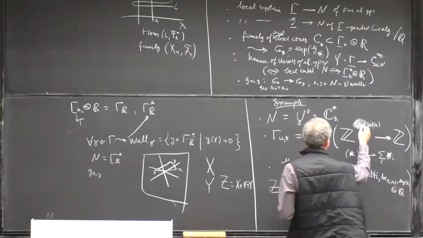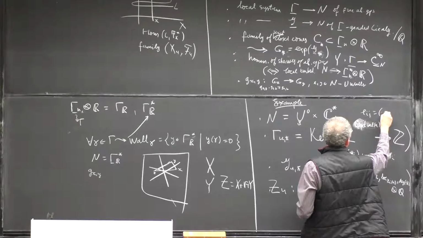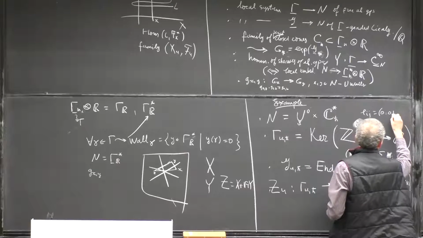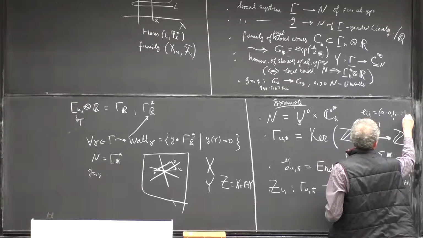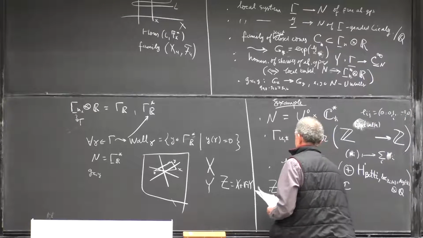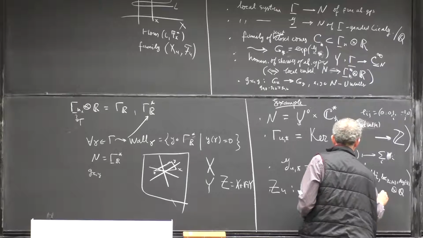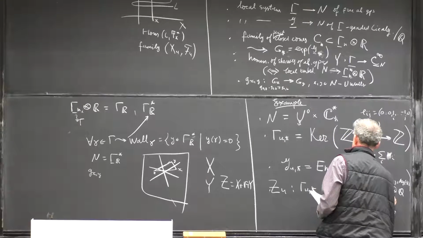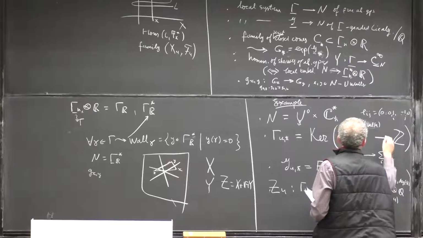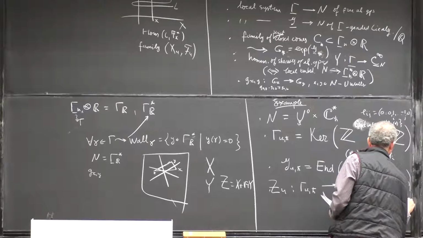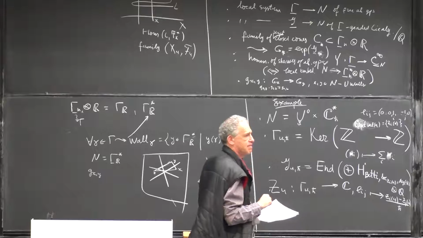The lattice is generated by vectors e_ij, which map to Z_i(u) minus Z_j(u), over h.